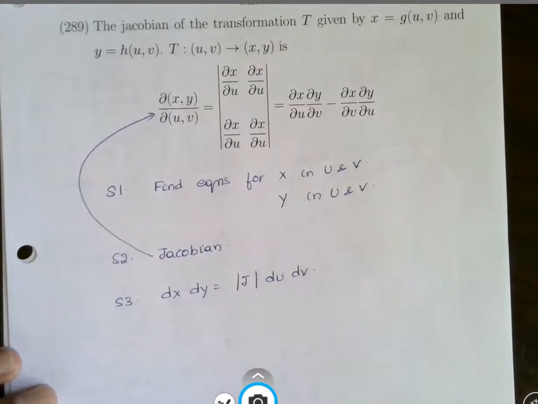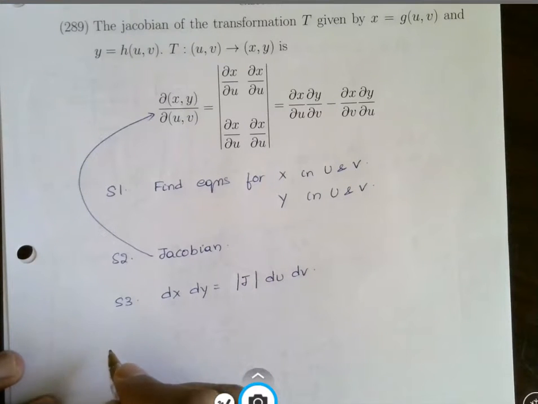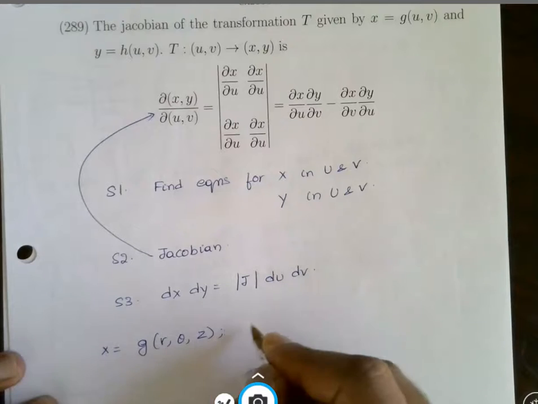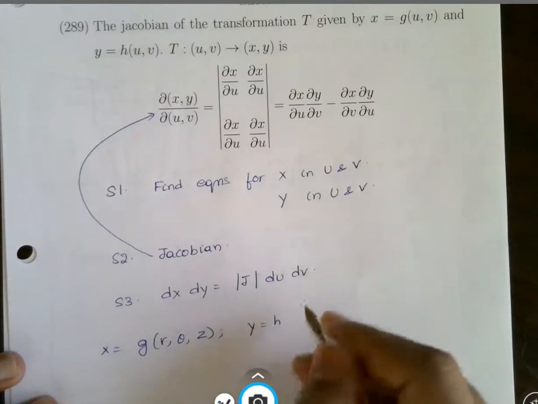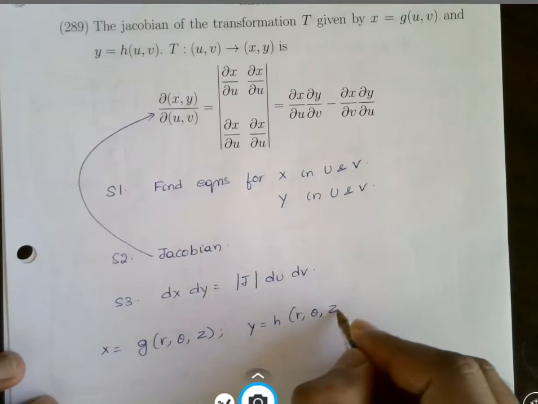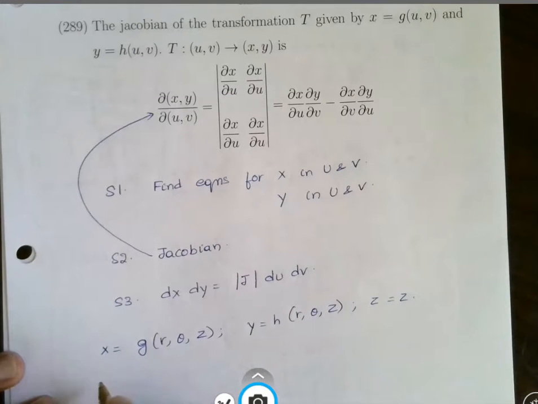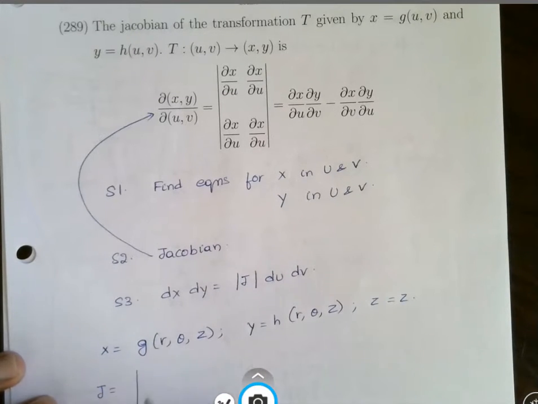For example, if x is a function g of r, theta and z, and y is a function h of r, theta and z, and z is a function of z itself, then your Jacobian has the first row partial x over partial r, partial x over partial theta, partial x over partial z.